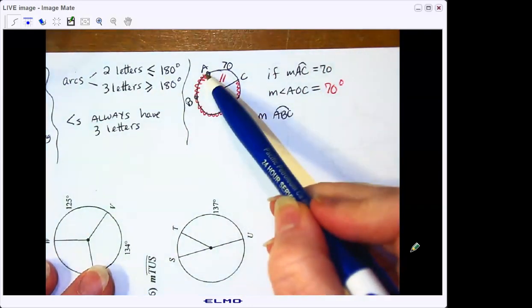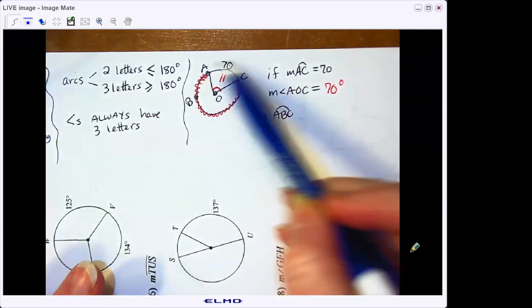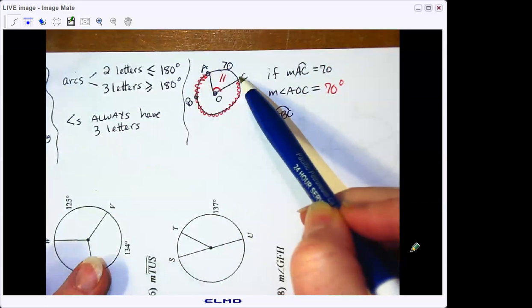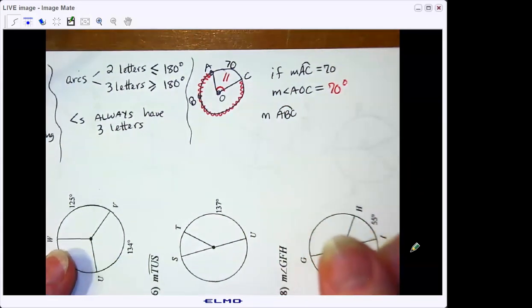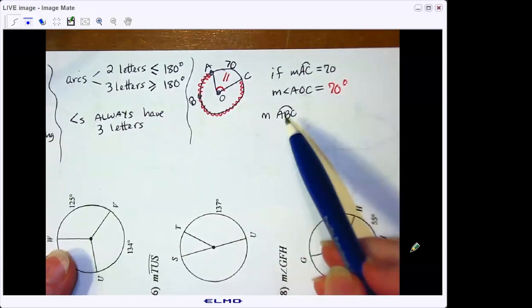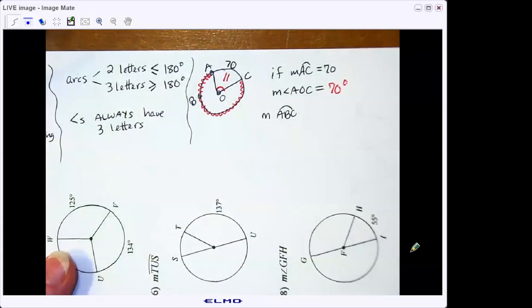It goes from A to B to C. That's how we know that we're not talking AC, that we're going A, B, and C. Good. Everybody's got it. And remember, if it has 3 letters, it is bigger than 180. Thank you. So far, everybody's gotten it correct.